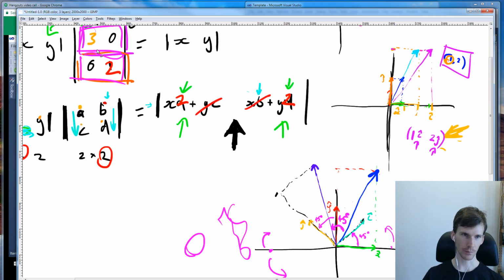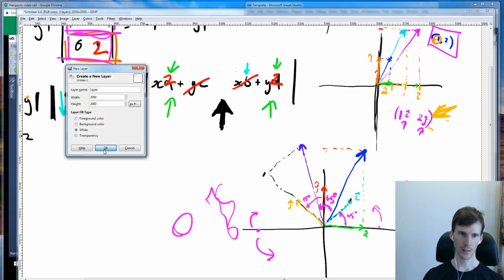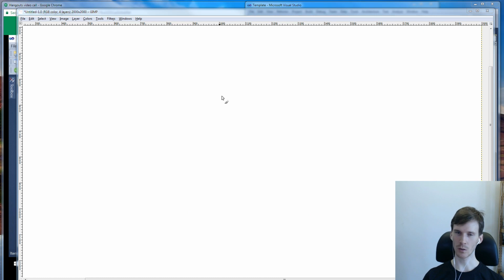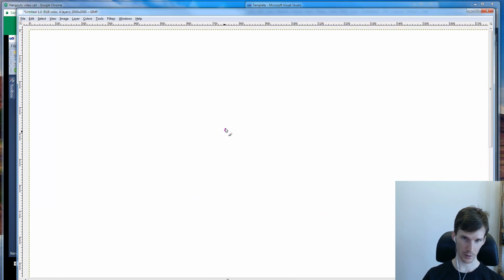So what we should find is if we do a rotation through 45 degrees for each of these, it should cause our actual vector to rotate. So let's make a new layer and try and break that down. Let's hope I got the maths right, because making sure you get your rows and your columns the right way around is helpful.